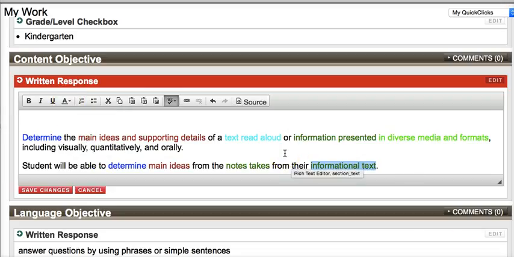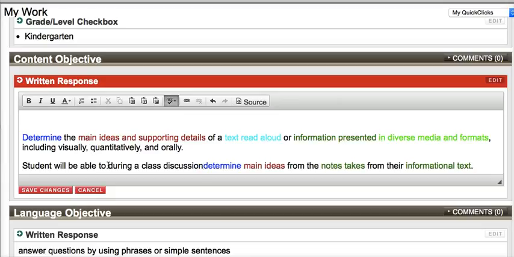However, we're dealing with listening and speaking. So I have to add something here, which is an oral component. So I could say the students will be able to, during a class discussion, determine main ideas and so on.